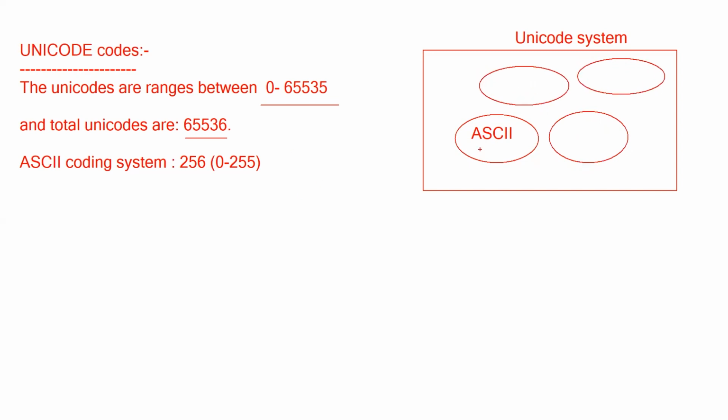This is only representing 256 characters. For other languages like Russian, Chinese, Greek, they also have their own coding systems. So all of them now come under the Unicode system. That's why it is capable of representing any worldly language character under the Unicode system.